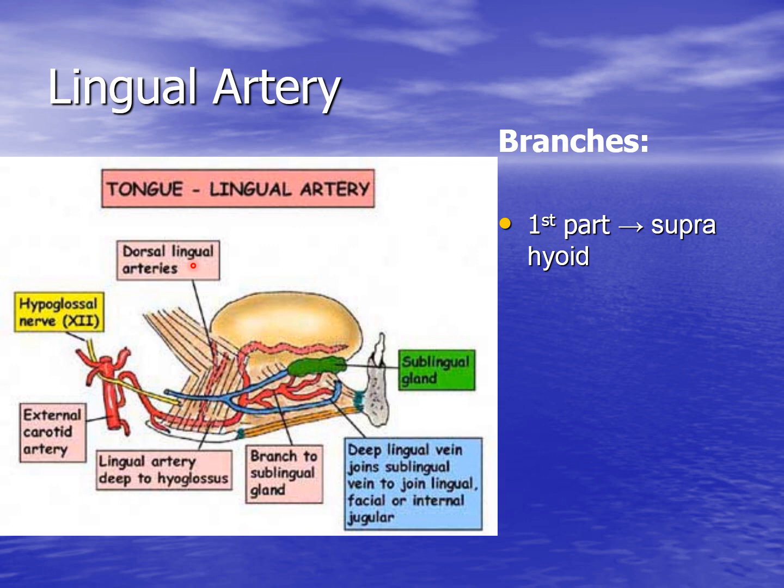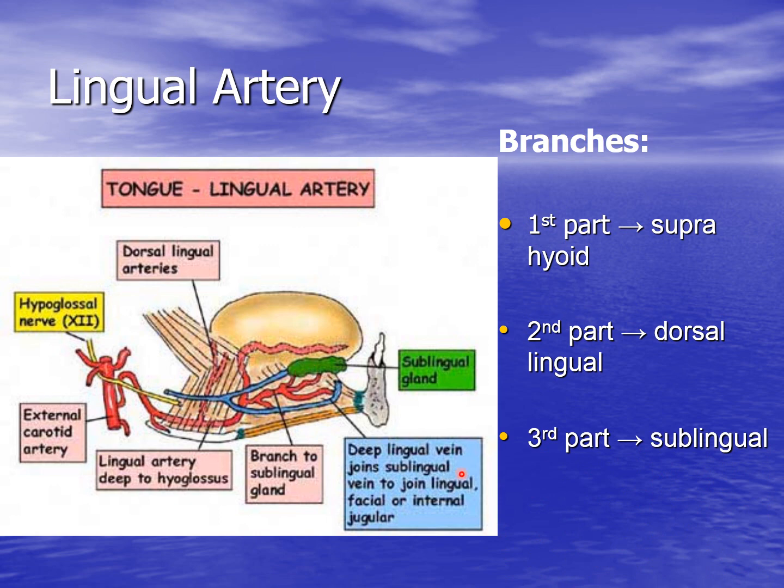So this is called the dorsal lingual artery. Usually it's more than one artery, so they are called dorsal lingual arteries. From the third part of the lingual artery, there is a branch that goes to the gland. This is called the sublingual branch. So we have 3 parts of the artery and 3 branches. The branches are suprahyoid, dorsal lingual, and sublingual.